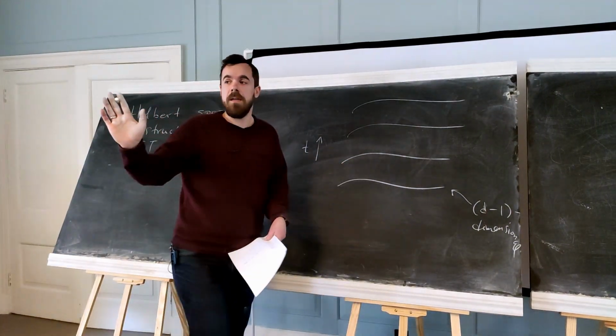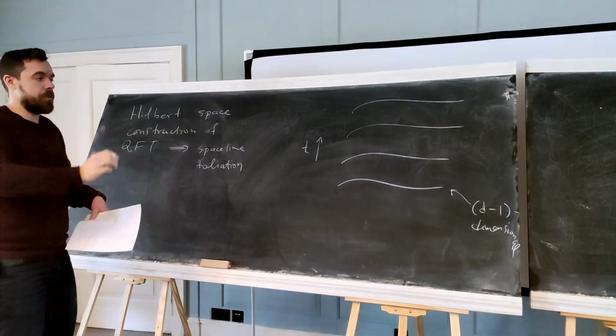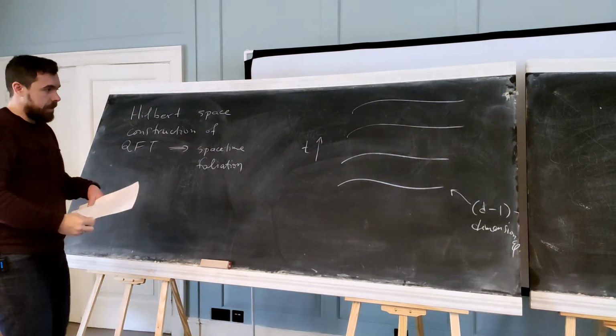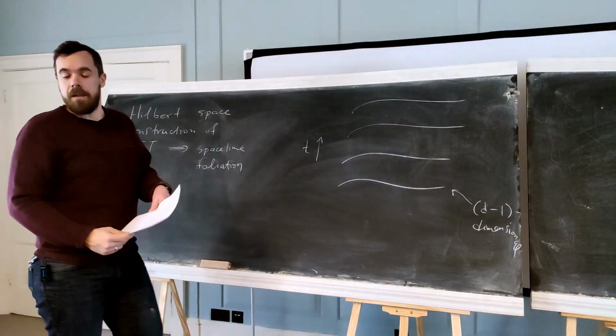And the Hamiltonian will just take you from one to the other under time evolution. So this is the standard space-time foliation. This is called the equal time foliation that you would do in field theory.